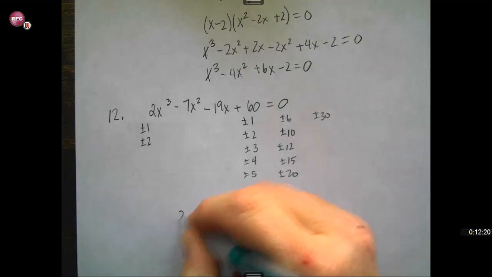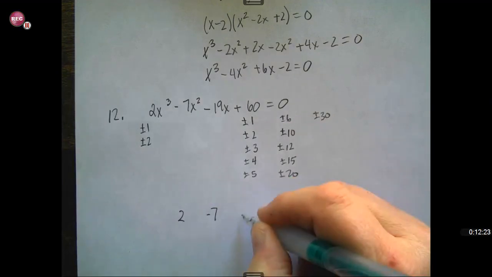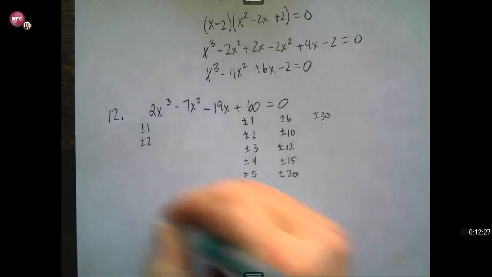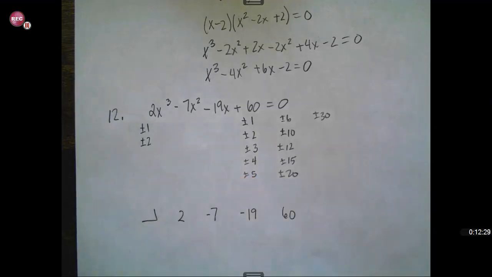Now we just trial and error. It's a long list of possible roots. We just trial and error it as to what's going to get us a remainder of 0, because if the remainder is 0, it is a factor according to the factor theorem.